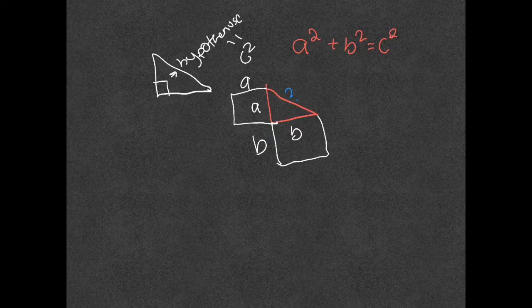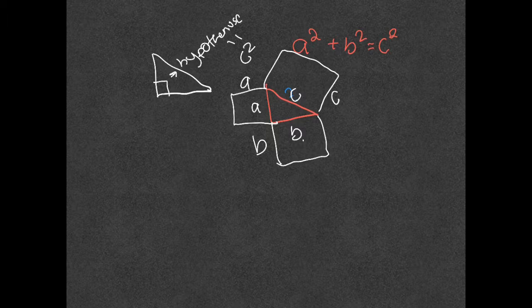And when you add the areas together, it will always be the area of the larger, or the hypotenuse side. So C times C would be the area of A and the area of B.